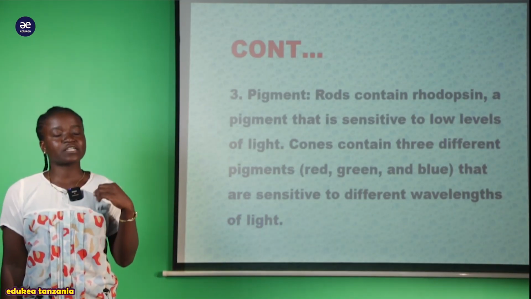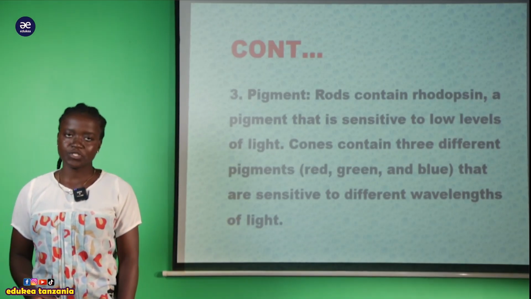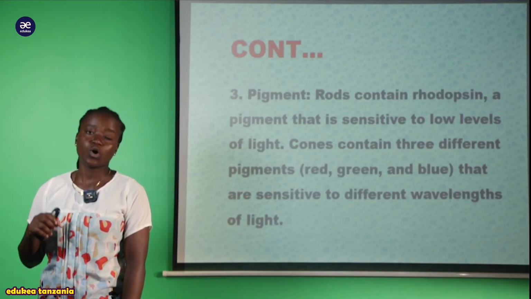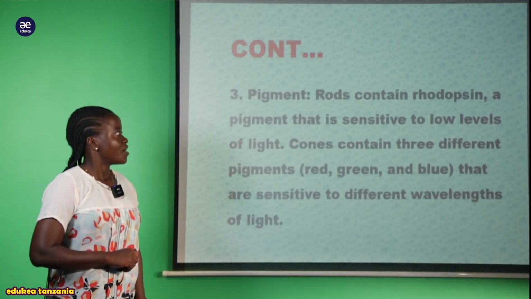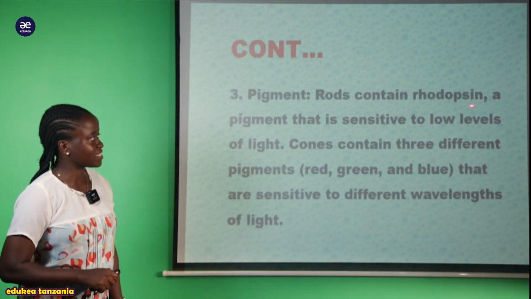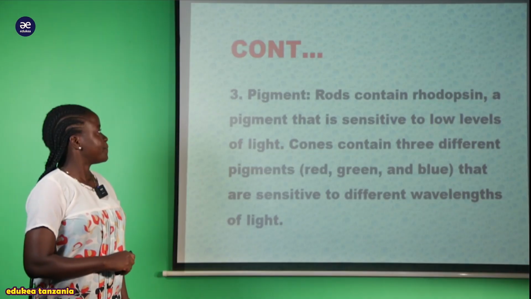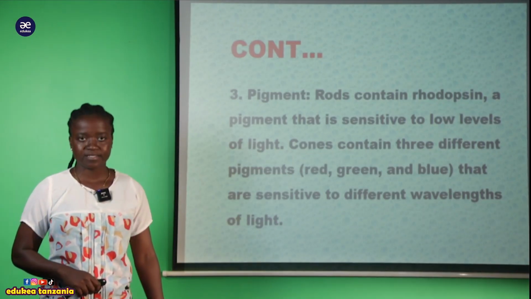These rods and the cones are structurally different in the pigment. The pigment found within the rods and the pigment found within the cones are quite different. Rods contain rhodopsin, a pigment that is sensitive to low levels of light.